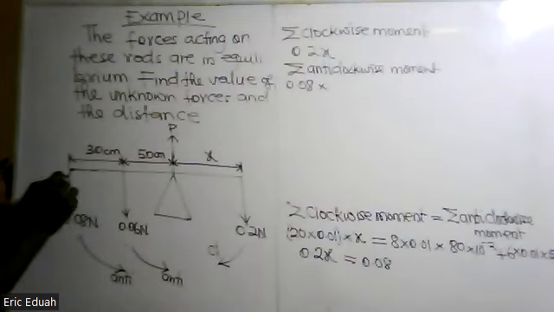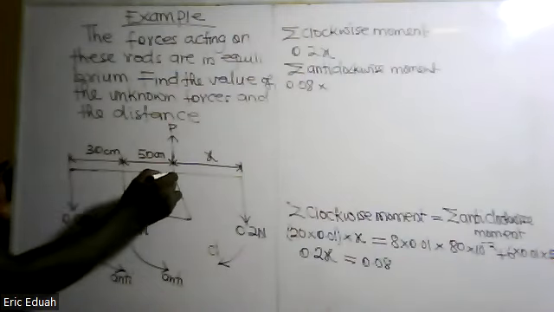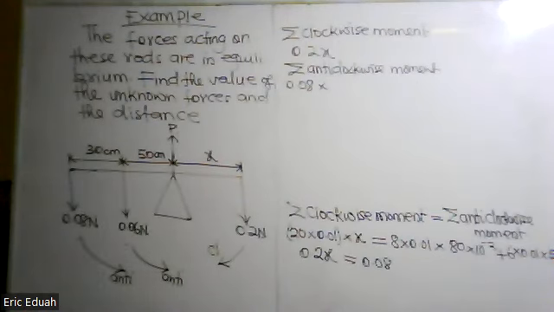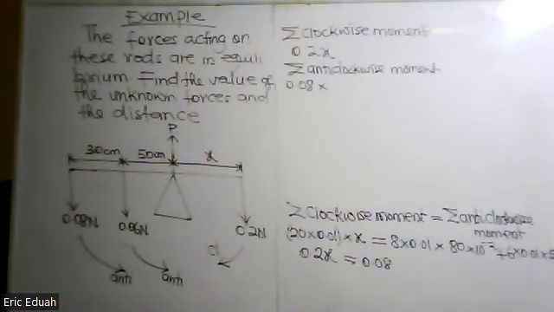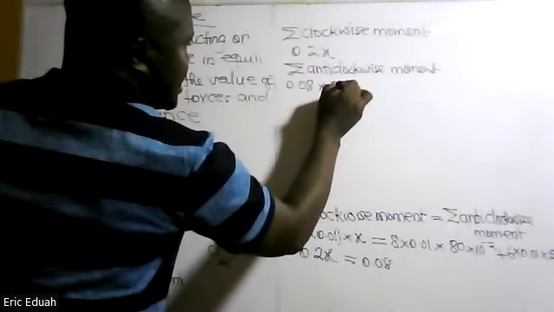From this force to the pivot, the distance is 80 centimeter. Let's change 80 centimeter to meter. Please do that for me. 80 centimeter to meter will be 0.8. So this is 0.8.